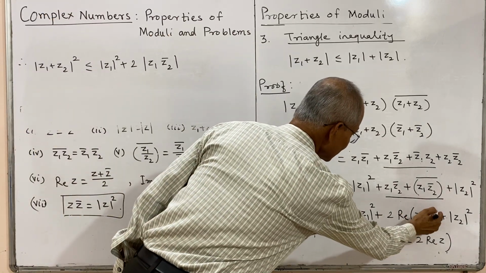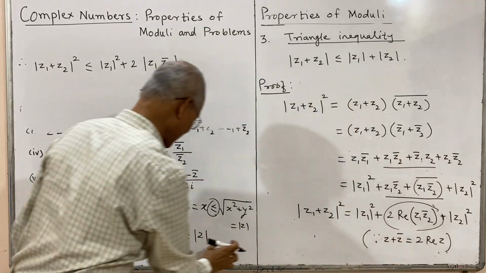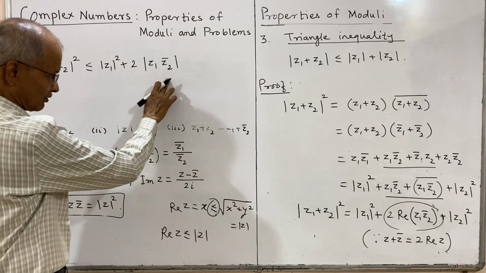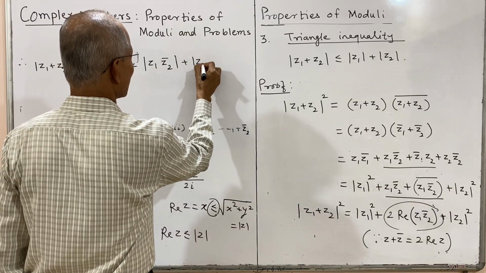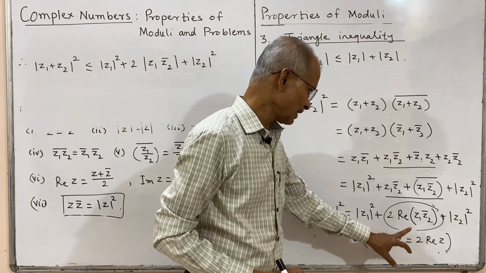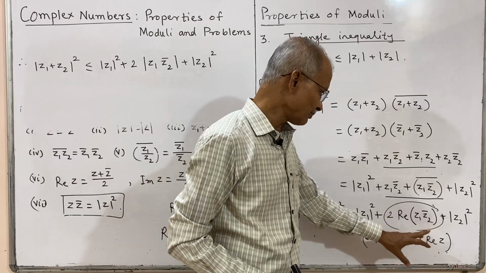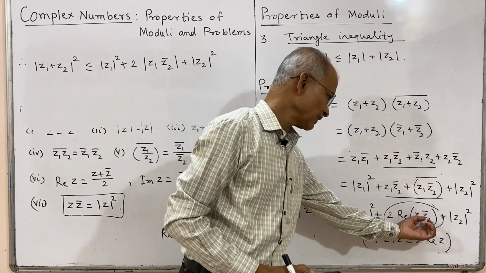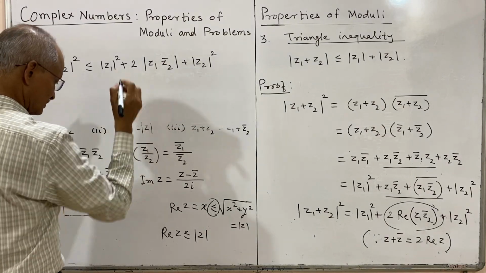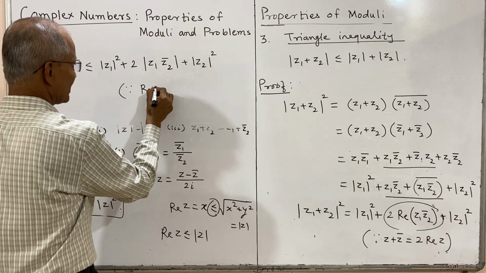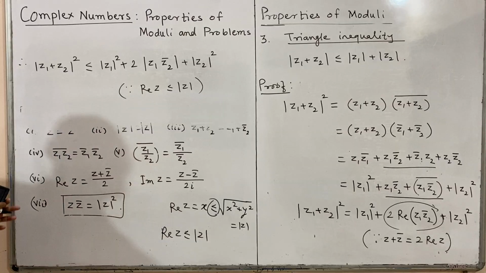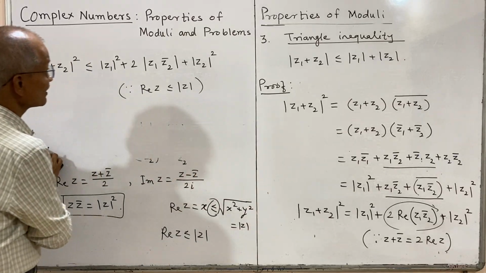See, this quantity is replaced by twice the absolute value of z1 z2 bar, plus mod z2 whole square as it is. So the first and last terms are written as they are, and the real part of this complex number is less than or equal to the absolute value of this complex number, and that is written. So we may write the reason: since real z is less than or equal to the absolute value of z. But now you see what is the right side.